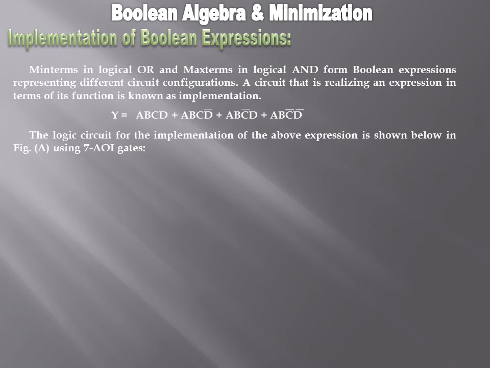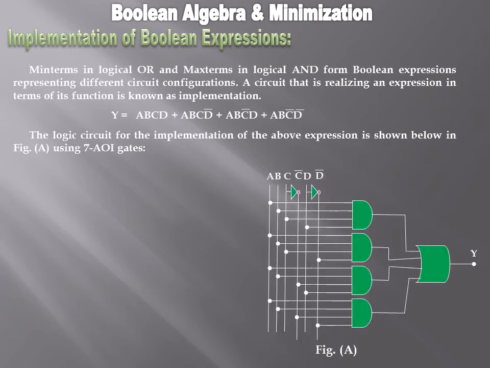The circuit for the implementation of this Boolean expression requires 4 four-input AND gates and one 4-input OR gate, and in addition we require 2 NOT gates.